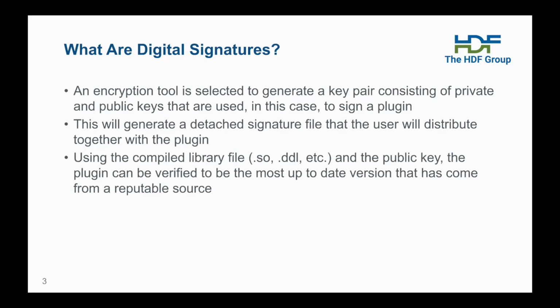Using the compiled library file, the public key, and the signature file, the plugin can be verified to be the most up-to-date version that the creator has put out into the world. This means that you can verify not only the plugin itself, but also that it comes from a reputable source.